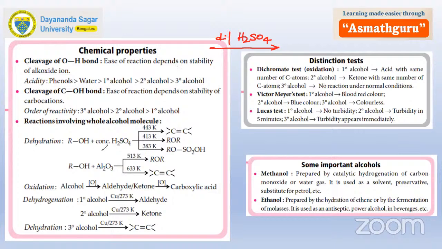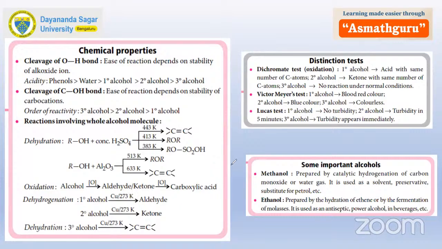And if you take concentrated sulfuric acid, they undergo dehydration. And for dehydration, there is no rule that you have to take sulfuric acid only. You can take alumina also. Even alumina can act as a dehydrating agent. Not only alumina, you can also use P2O5, phosphorus pentoxide. It also acts as a dehydrating agent. Got it, Purnima? Yes, sir. Okay, thank you.